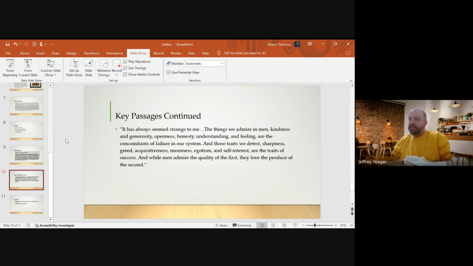Remember Nietzsche's philosophy was that Christian morality, especially, has kind of made us weak, and he proposed the Superman, who would invent his own morality to overcome those weaknesses. Those things you're quoted there: kindness, generosity, openness, honesty, understanding. Those are what we would oftentimes associate as Christian traits, right?